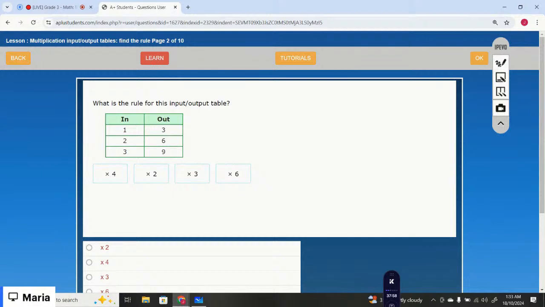What is the rule for input output table, which is the correct option? 1 times what number is 3?